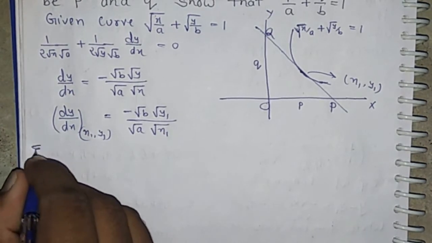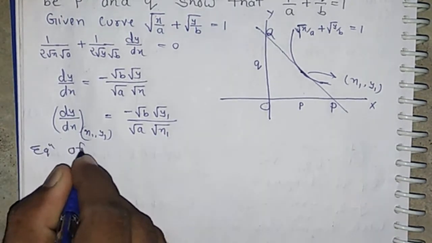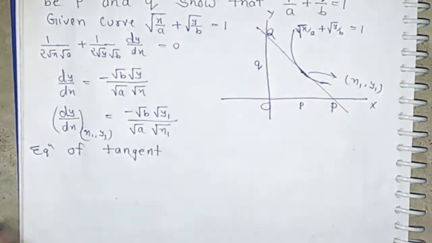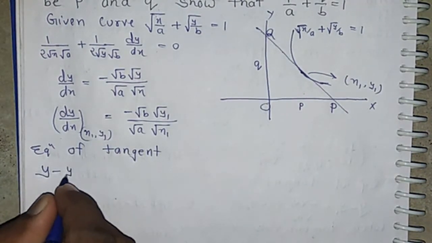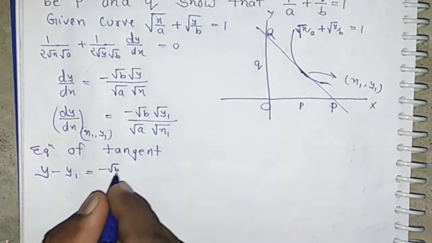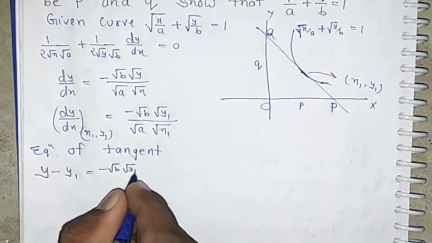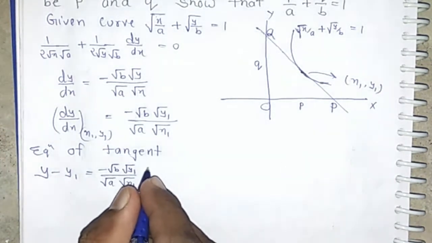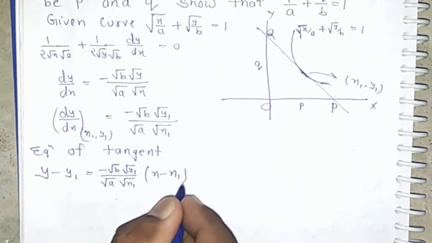Now the equation of the tangent is y minus y1 equals the value of dy by dx, which is minus root b into root y1 by root a into root x1, times x minus x1.